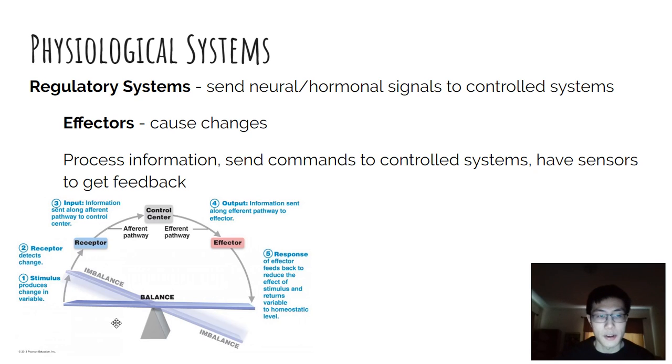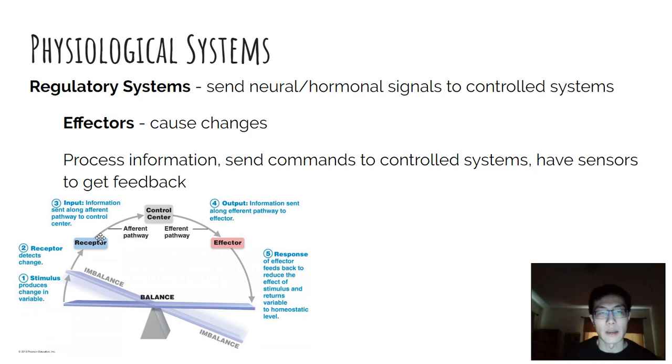So if we're looking at this chart over here, this is something that is pretty good at explaining what these regulatory systems are. So we have certain types of stimuli that are affecting the body, and this is going to cause a change in a certain variable, maybe like pH. We're going to need a receptor that's going to detect that change, maybe that change in pH.